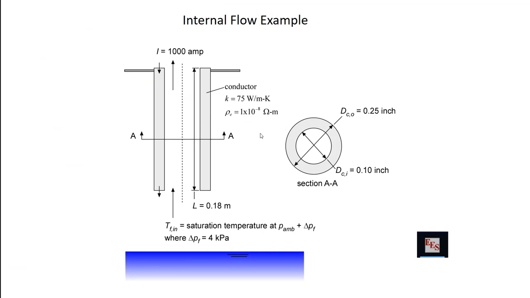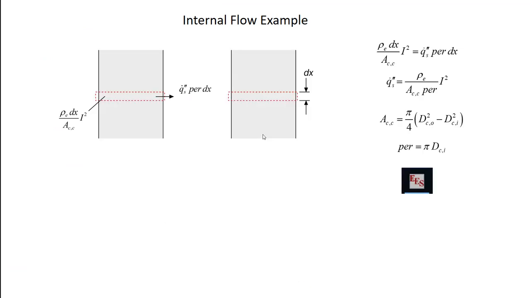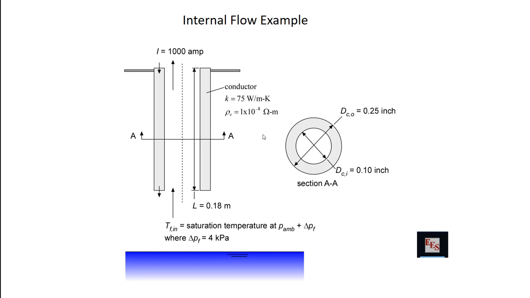Just like with any problem, we have to think of some ways to simplify it so that we can attack it. A couple of simplifications that I'm going to make, and one of them we'll come back and look at the end. One simplification is I'm going to neglect axial conduction along this current lead, the conduction in this X direction, and see where that takes me.